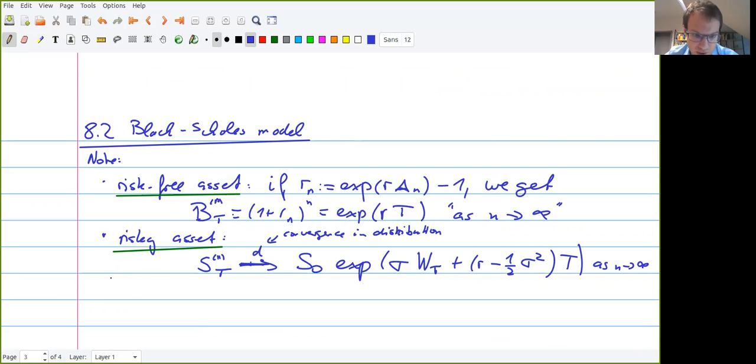Now I need to tell you what this Wt is. So Wt is a normally distributed random variable which has a distribution with mean 0 and variance t.